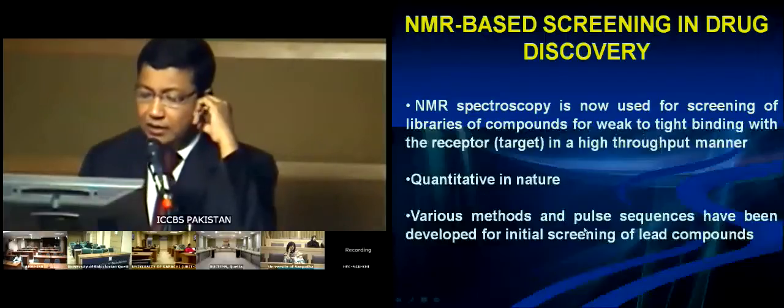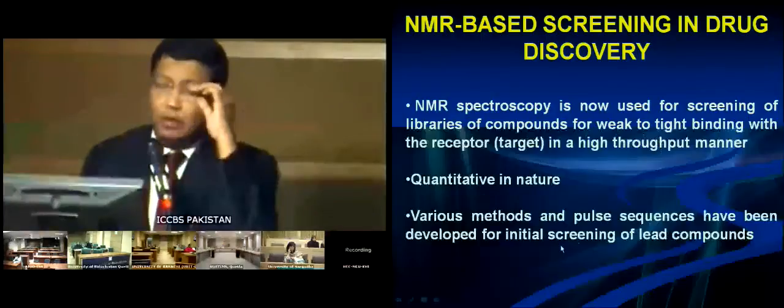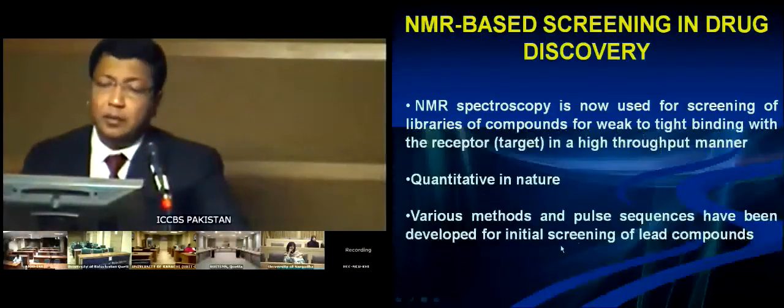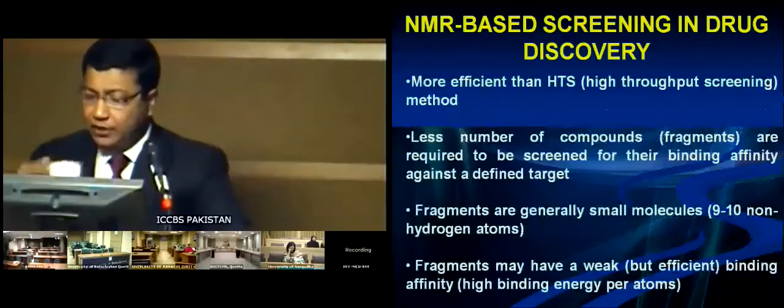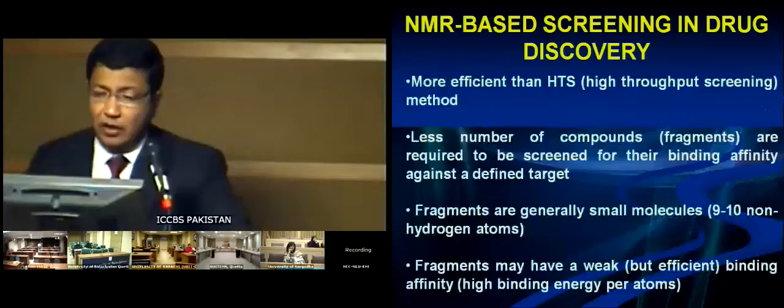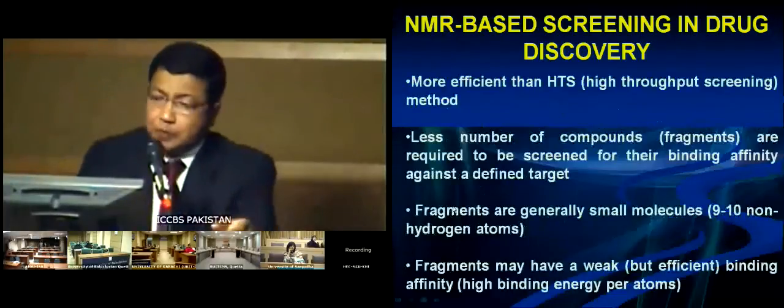And there are various methods and pulse sequences that have been developed for the initial screening of lead compounds. The process is more efficient. Fewer compounds are required, and I want to take you to several methods.